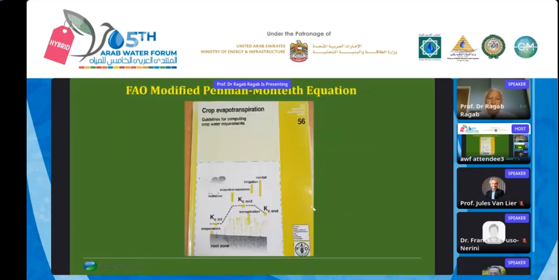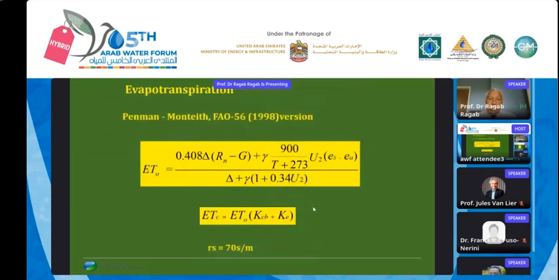Then the FAO produced a simplified version where the canopy resistance was taken away and replaced by an average resistance to evaporation value of 70 seconds per meter. The equation was simplified to that extent to be used.